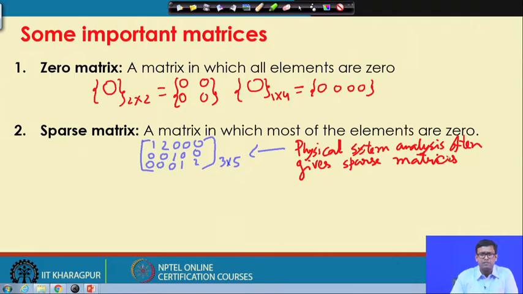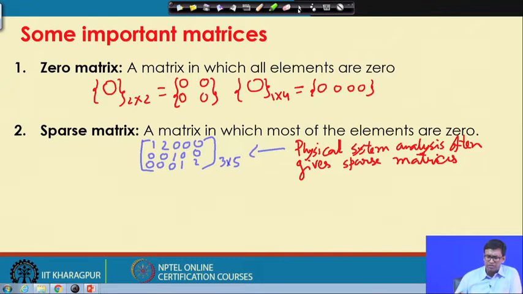There are specific matrix solving algorithms which are designed for sparse matrices because of their huge applicability. And this is a qualitative definition, that most of the elements are 0.